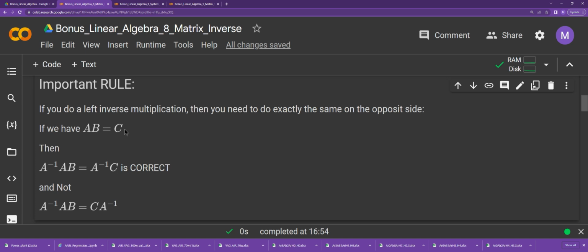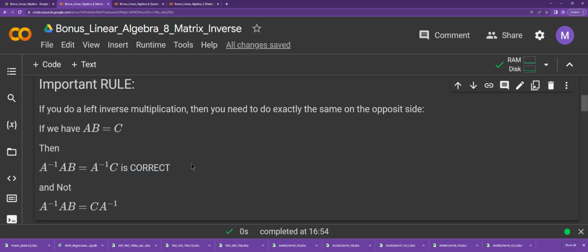So we have 3 matrices. Let's say the dot product of matrix A and matrix B gives matrix C. If we do a left inverse multiplication on AB, we need to do a left inverse multiplication on the other side. This is extremely important.